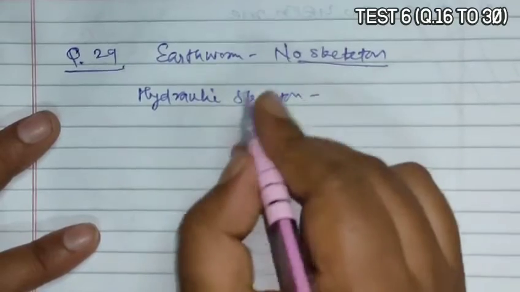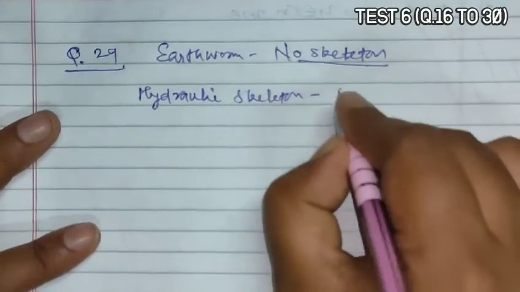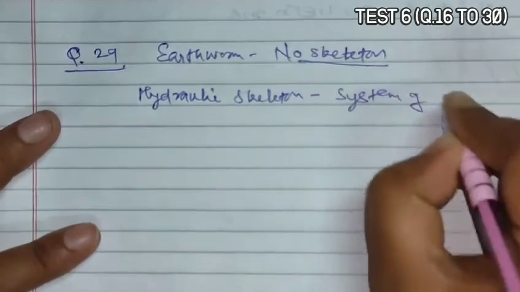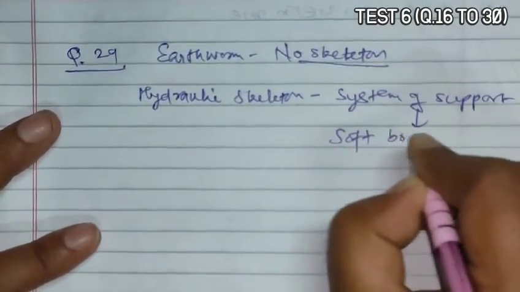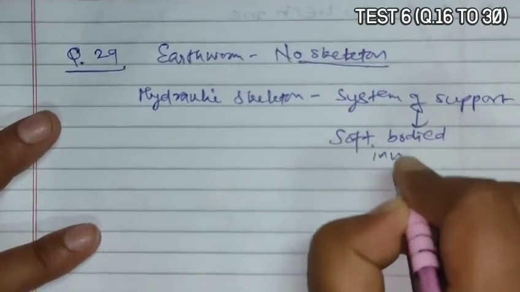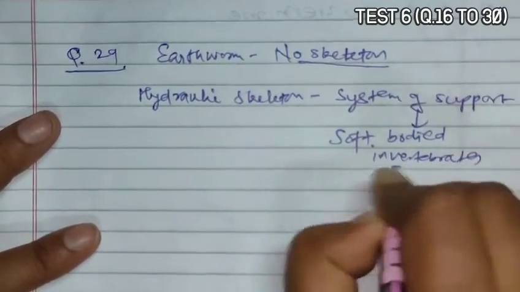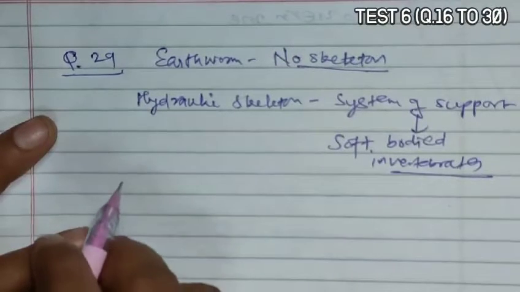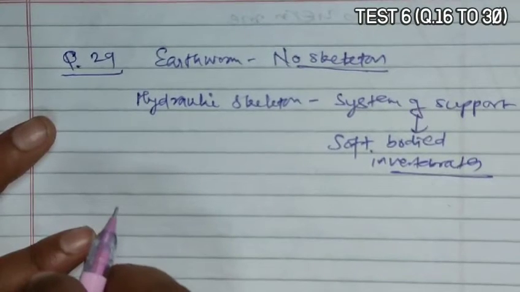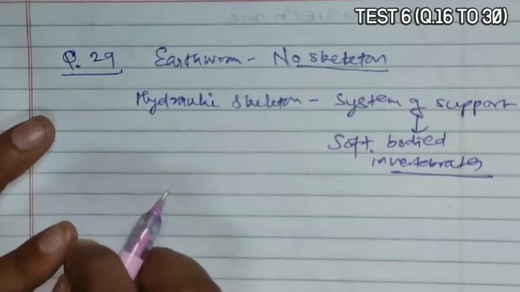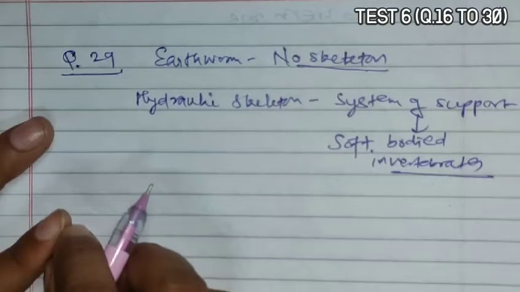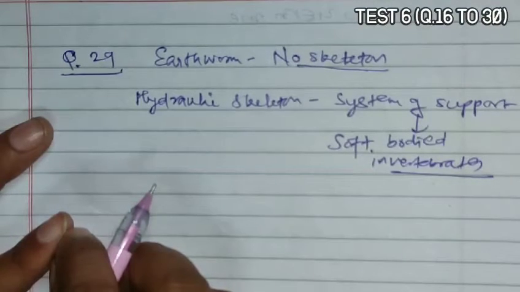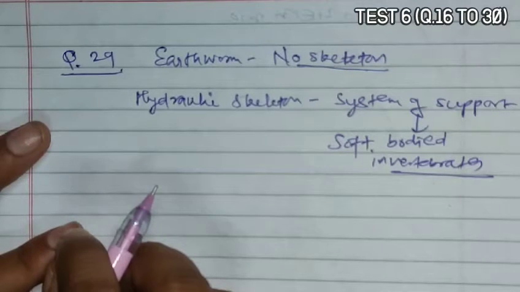A hydraulic skeleton is a system of support for soft-bodied invertebrates. It relies on the incompressibility of a fluid contained within the body cavity.